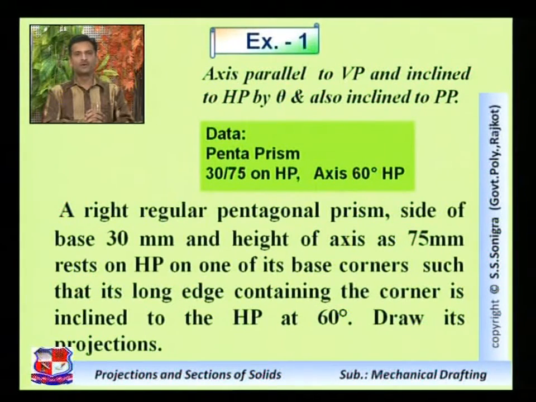So first we will draw the pentagon in top view, then its front view, that would be a rectangle as it is a prism, and then after the angle with HP is given, we will tilt its front view at the given angle, that is 60 degree, and from that front view we will project the projections to the top view. We will draw its top view, and then by taking projections we will find the shape of the top view.